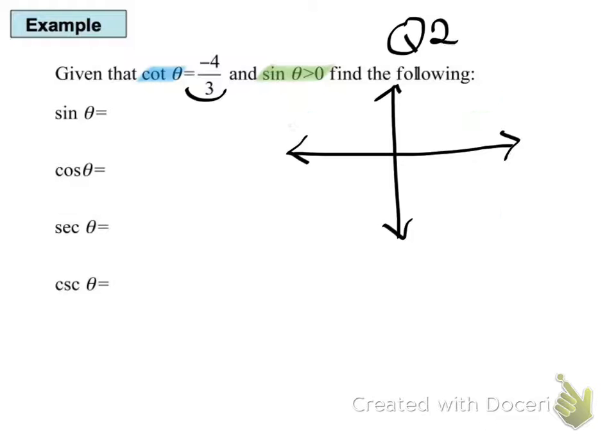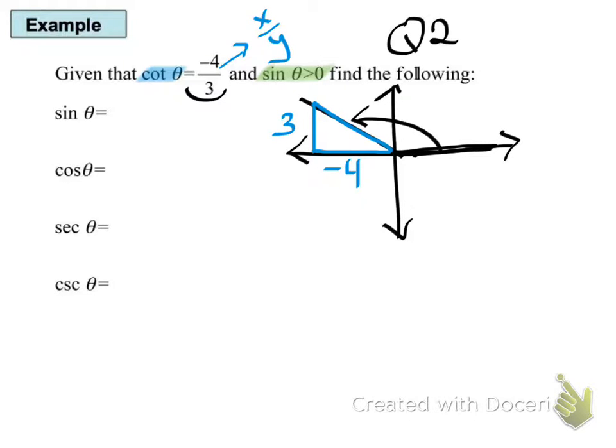Now I can draw a picture of my angle, and my triangle, because I know cotangent is x over y by definition. So I'm going to label my point xy. That point has to be here because negative 4/3 is my cotangent.